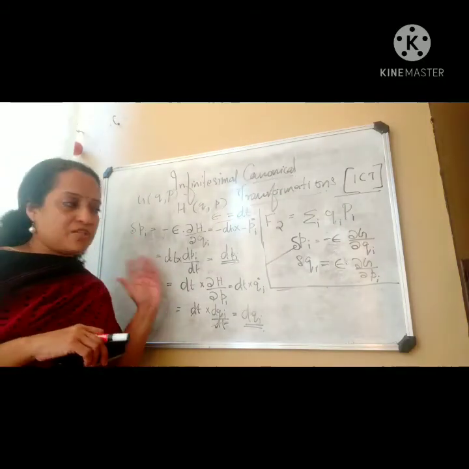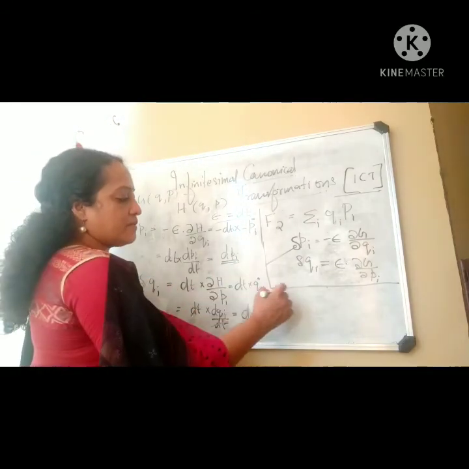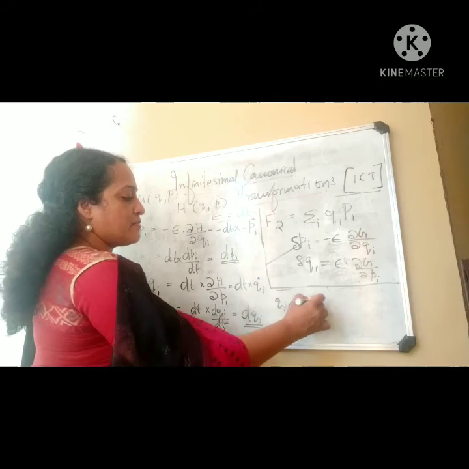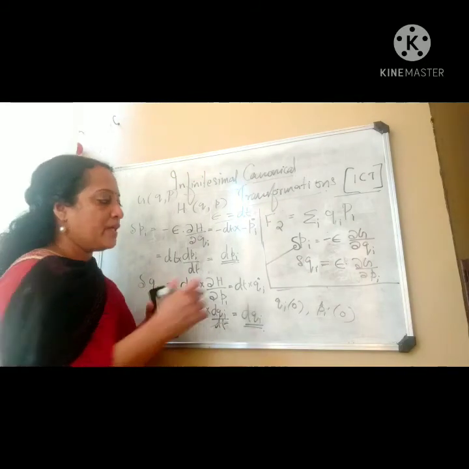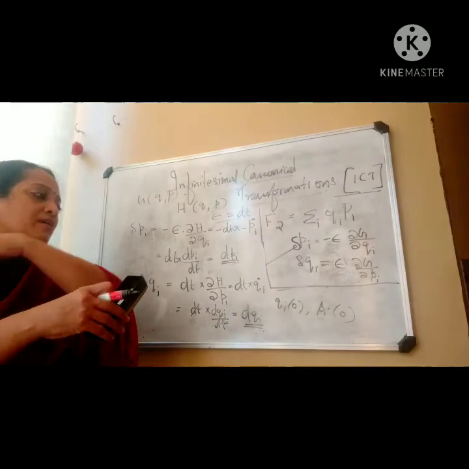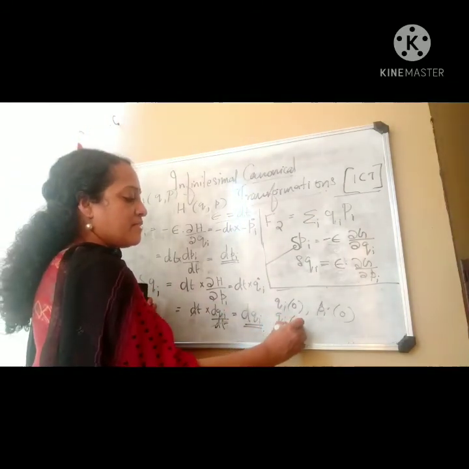So as an application of this, if you know the initial values of qi at time 0 and pi at time t equal to 0, then using this Hamiltonian as the generating function, we can find the value of qi and pi at a time dt.